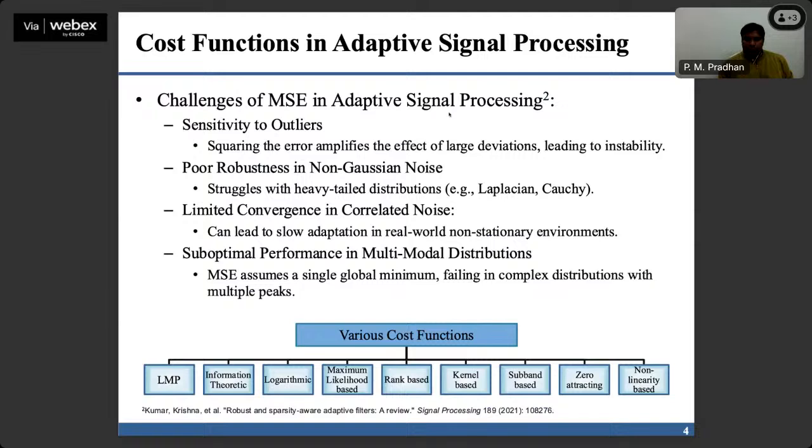Now, that was the conventional scenario. Now, there are some challenges when you use mean square error as a cost function. For example, the first challenge is your sensitivity to outliers. Let's say you got a desired value which is very high as compared to the normal signal values.